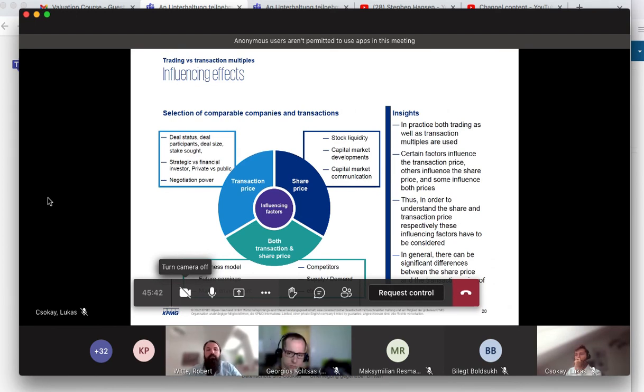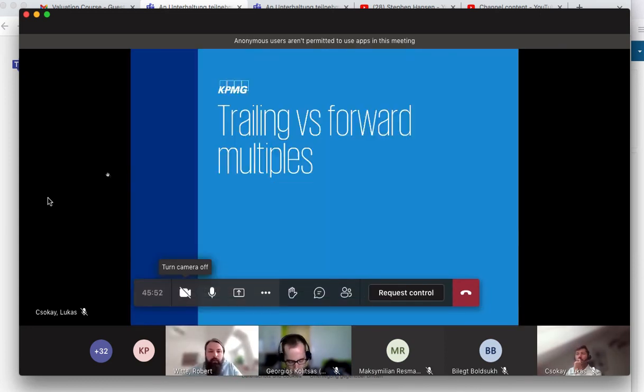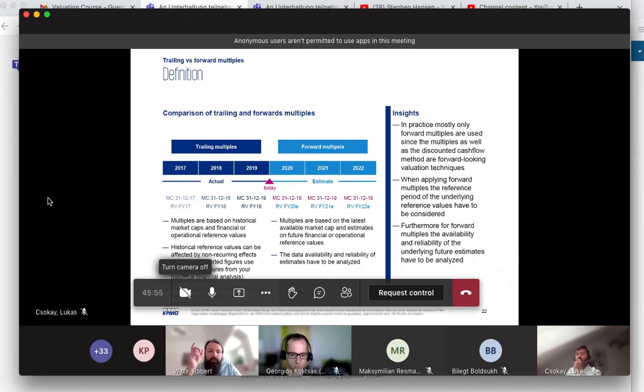Yeah, I think we can move on to the next category, which is trailing versus forward multiples. We just talked about this a little bit, right? To illustrate what we mean by trailing and forward multiples, let's take Twitter.